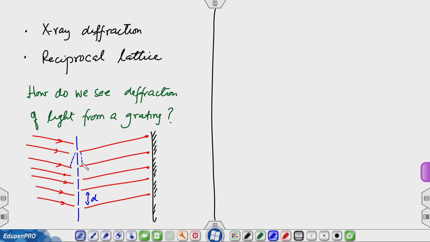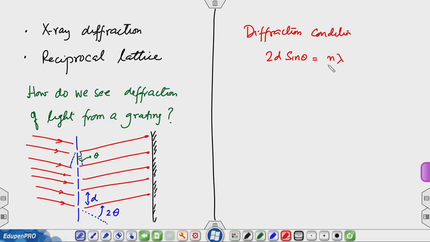So, if the angle between the incoming ray and the outgoing ray is 2 theta, then the angle out here shown by green is going to be theta, and you see that the diffraction condition is 2d sin theta equals n lambda.